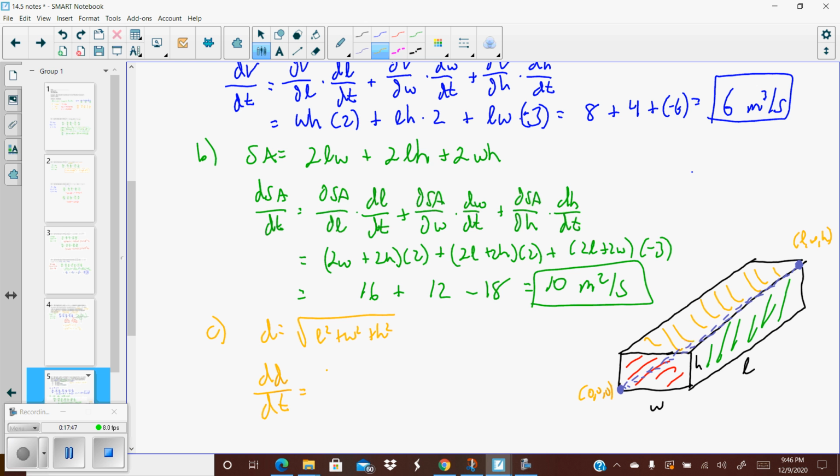So that's going to be the partial of D over the partial of L times the full of L with respect to time, plus the partial of D with respect to W times the full of W with respect to time, plus the partial of D with respect to H times the full of H with respect to time.